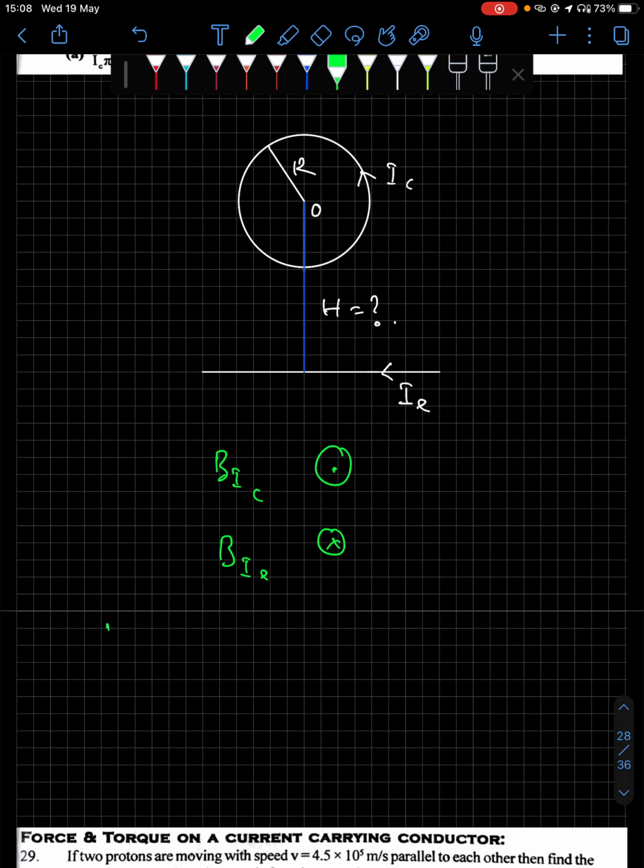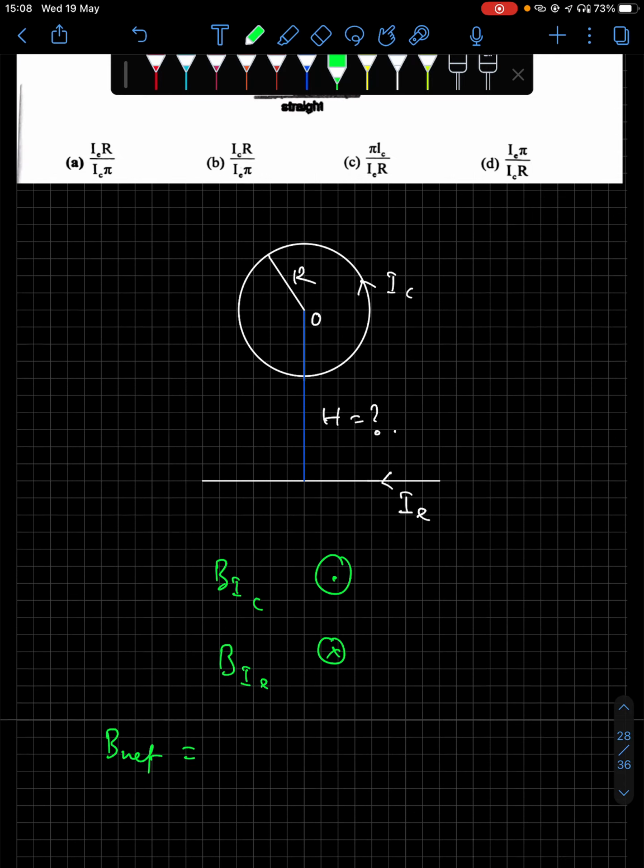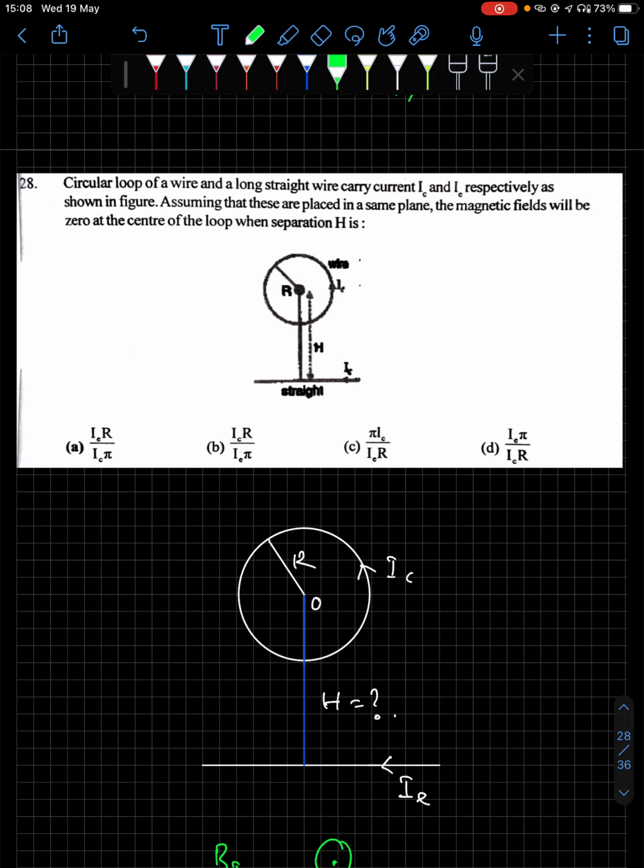So for B net, you'll have to add. What is the question saying? Under what situation will the magnetic field be 0 at the center? I took the question to be different.